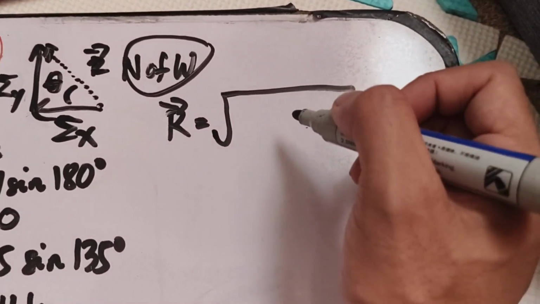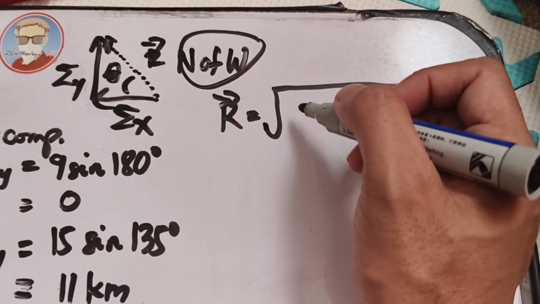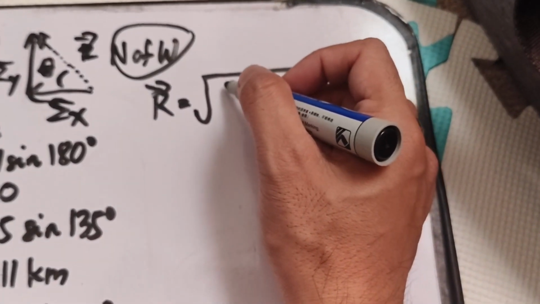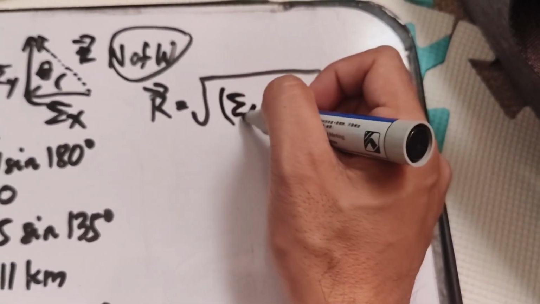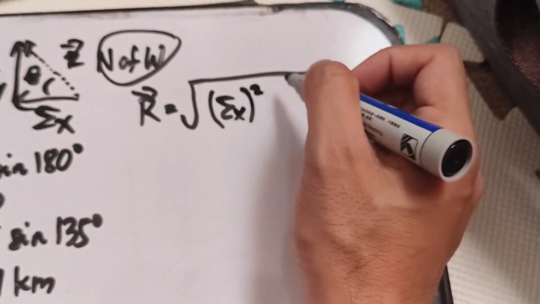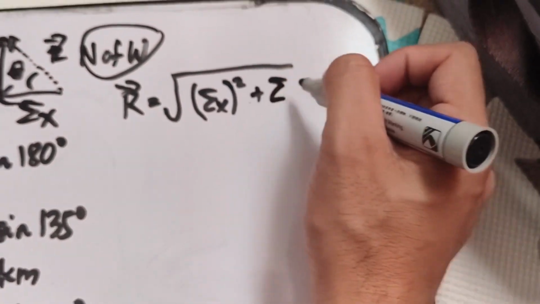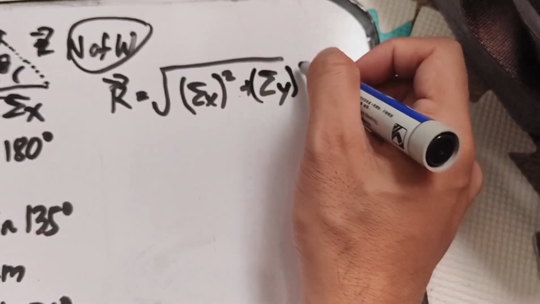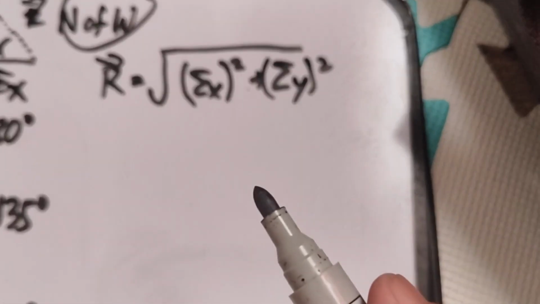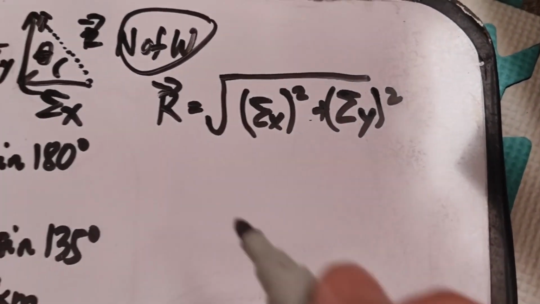So the Pythagorean theorem states that the resultant vector is equal to the square root of the sum of the square of each component. Okay, so summation of x squared plus summation of y squared.